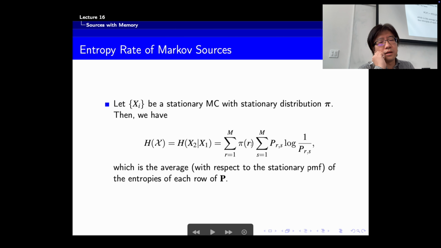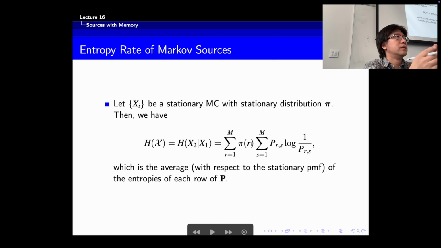Then we considered some special cases of the entropy rate. One case is the stationary Markov chain. Here are two important properties. First, stationary. What is stationary in the case of a Markov chain? First of all, the Markov chain has to converge to a stationary distribution, which means it has to be, number one, irreducible, and number two, aperiodic.